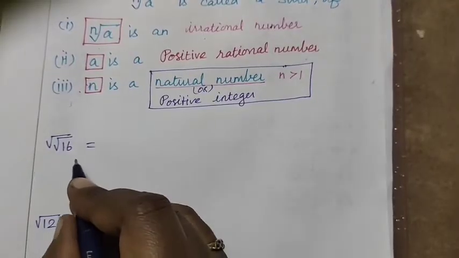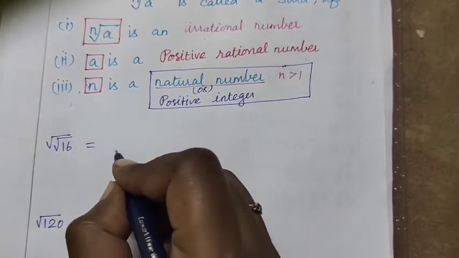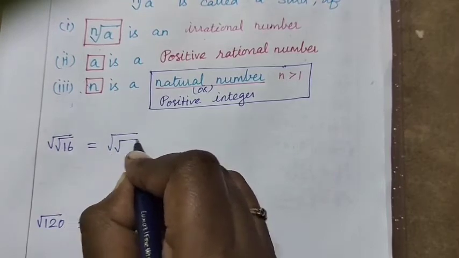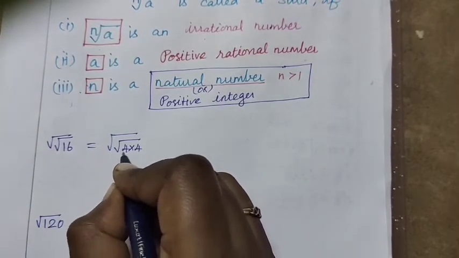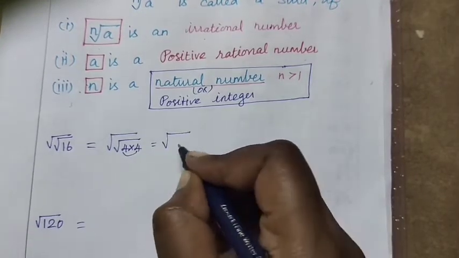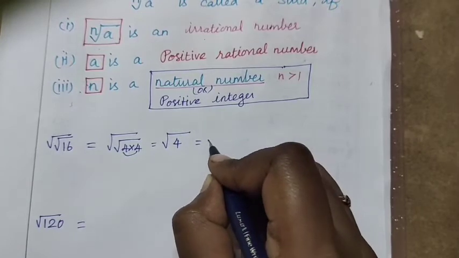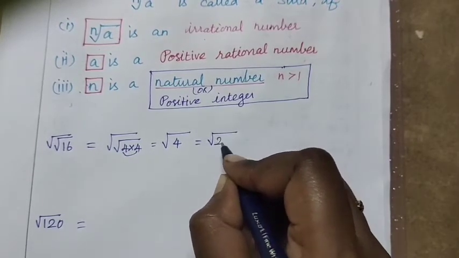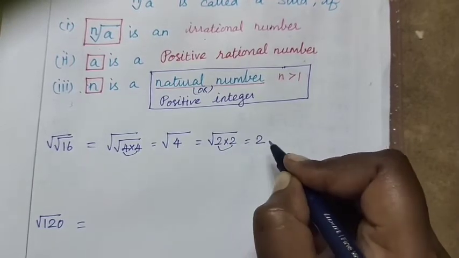See these two examples. Square root of 16 can be written as square root of 4 into 4. So square root of 4, then this can be written as 2, 2 twos are 4, so 2.